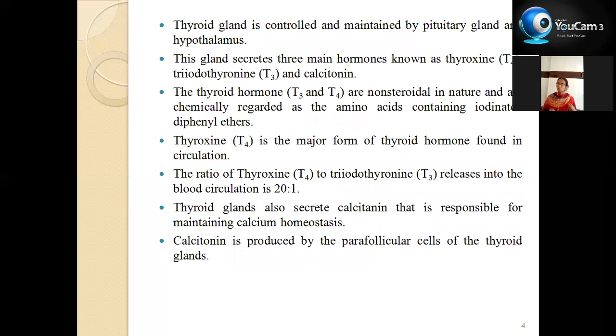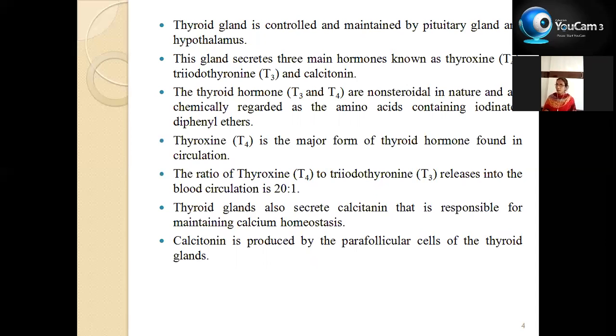The thyroid gland is mainly controlled and maintained by the pituitary gland. The master gland is known as the pituitary gland. Not only the thyroid gland, but all the glands present in our body are controlled by the pituitary gland. This pituitary gland is also known as the master gland, and it is controlled by the hypothalamus, which is located in the brain.